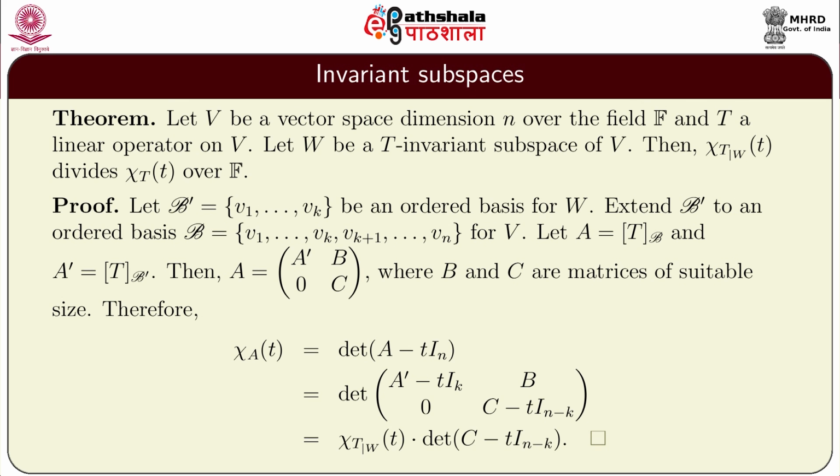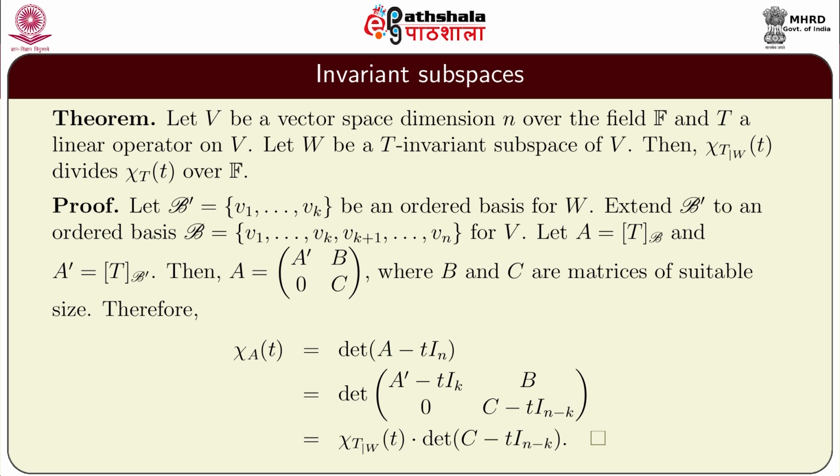Extend B dash to an ordered basis B for V, which is given by this set v1 up to vk, and then vk plus 1 up to vn. Let A denote the matrix representation of T with respect to the basis B, and A dash denote the matrix representation of T with respect to the basis B dash.